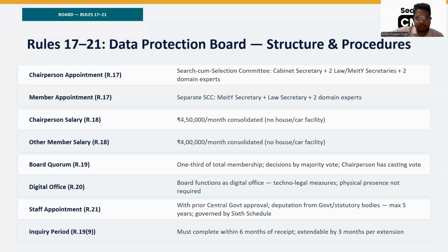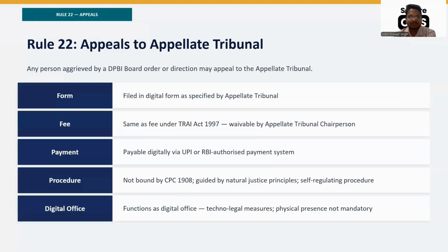So these five persons will operate at the chairperson level. Then there are the member appointments: one MeitY secretary, one law secretary, and two nominated domain experts. Their salaries are around 4 lakh a month, so 4,50,000. This is too much.